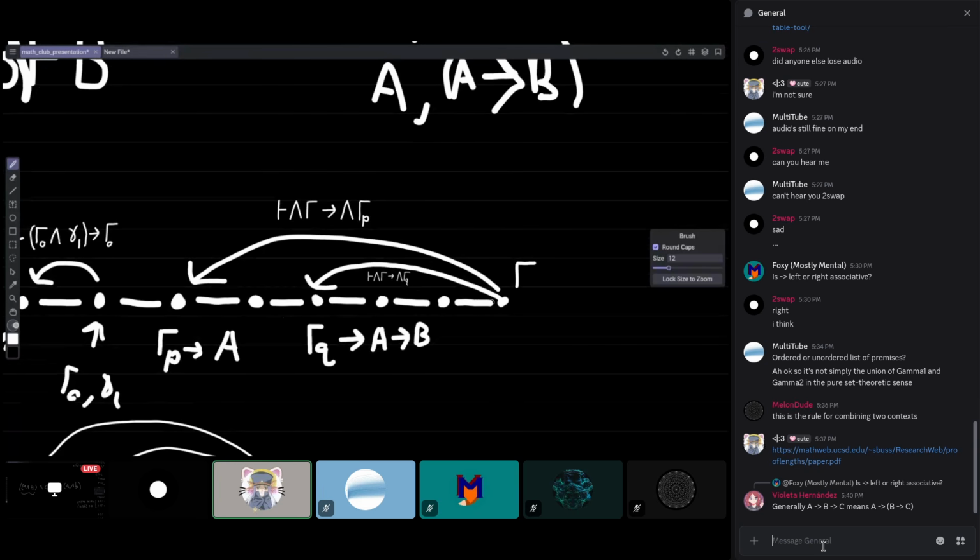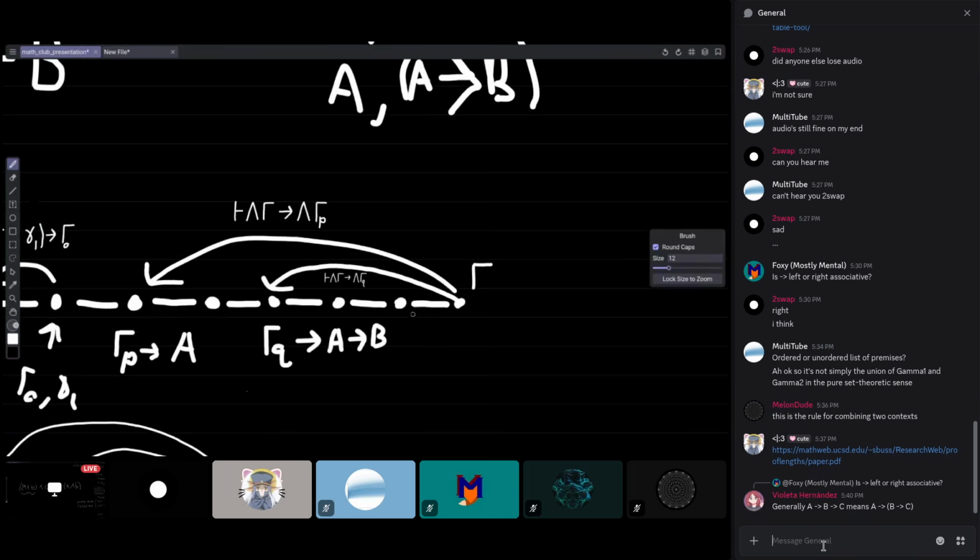But what about for multiple steps? Let's say that this node here represents gamma p, and this node here represents gamma. So for this transport lemma, it's going to look like from this bigger context with more assumptions, we need to show the conjunction of this smaller context with fewer assumptions, right? Does that make sense? Yep.